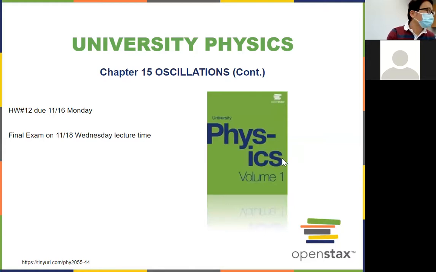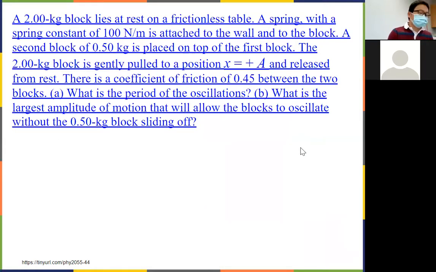Okay. All right. So today we'll be looking at a few problems and then doing some problem solving here. Okay. So the first problem we'll be looking at is this one. You have a 2 kilogram block at rest on a frictionless table. A spring with a spring constant of 100 newtons per meter is attached to the wall and to the block.